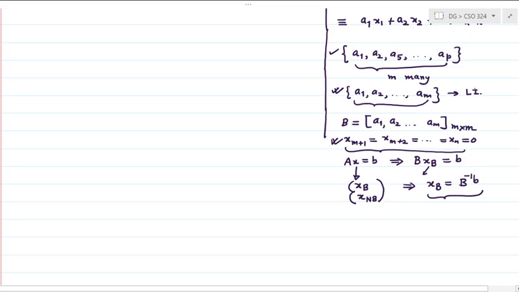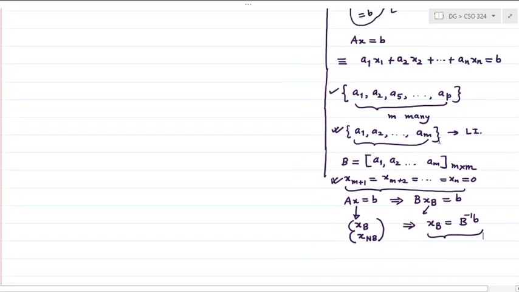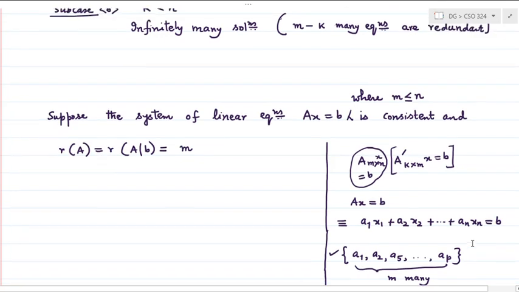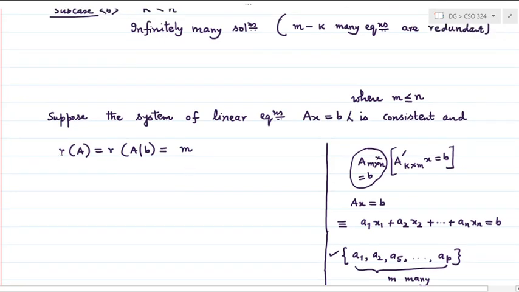Fine. So let me repeat once again how I have constructed a basic solution. You note that we are under the assumption that the rank of A is equal to the rank of the augmented matrix is equal to m.